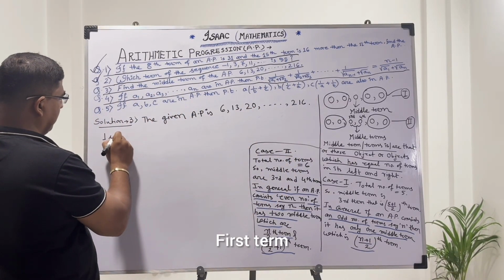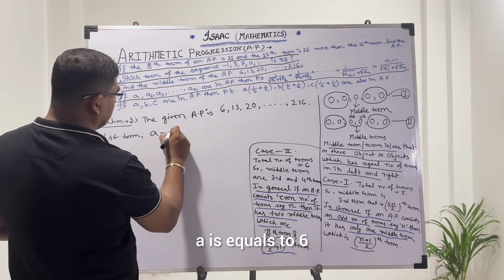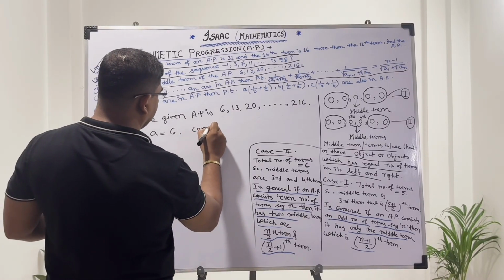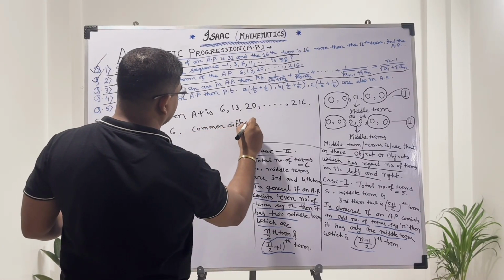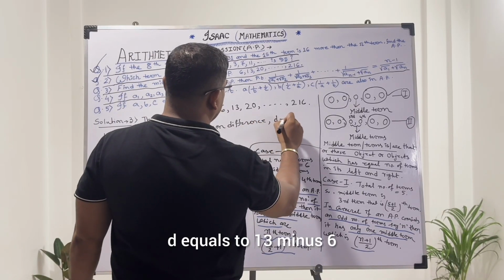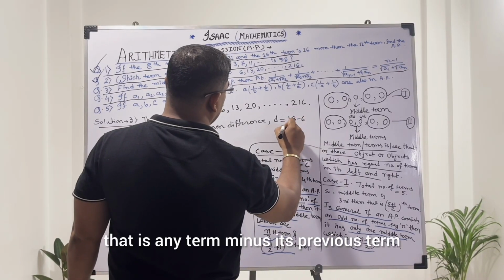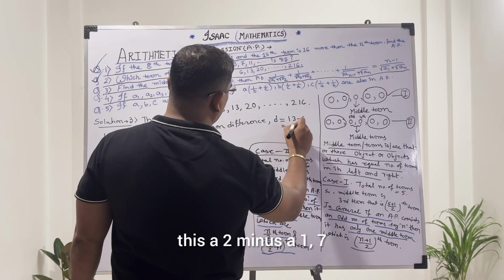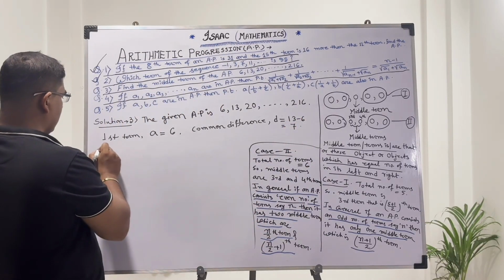First term a is equal to 6. Common difference d equals 13 minus 6, that is any term minus its previous term, this is a2 minus a1, 7.